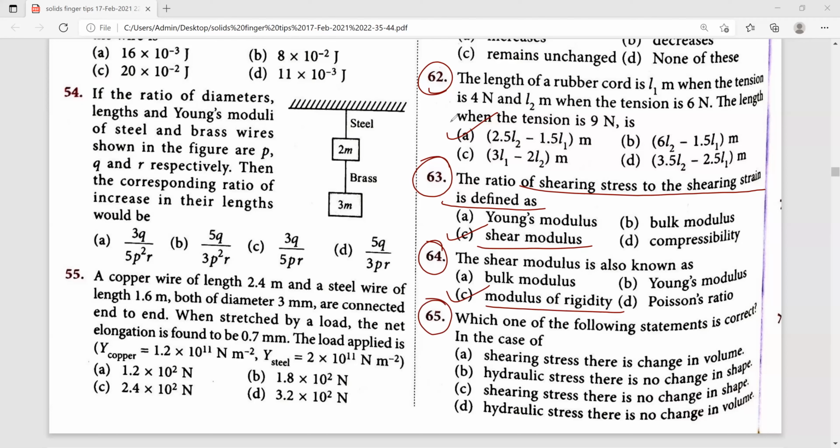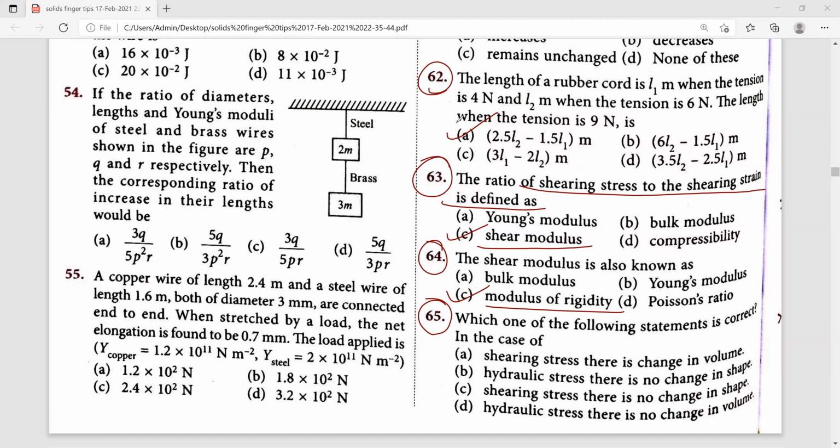65th one. Which of the following statements is correct in this case? 4 options are given. Go through the 4 options. When we observe all the 4 options, in case of shearing stress, there is a change in shape without any change in volume.